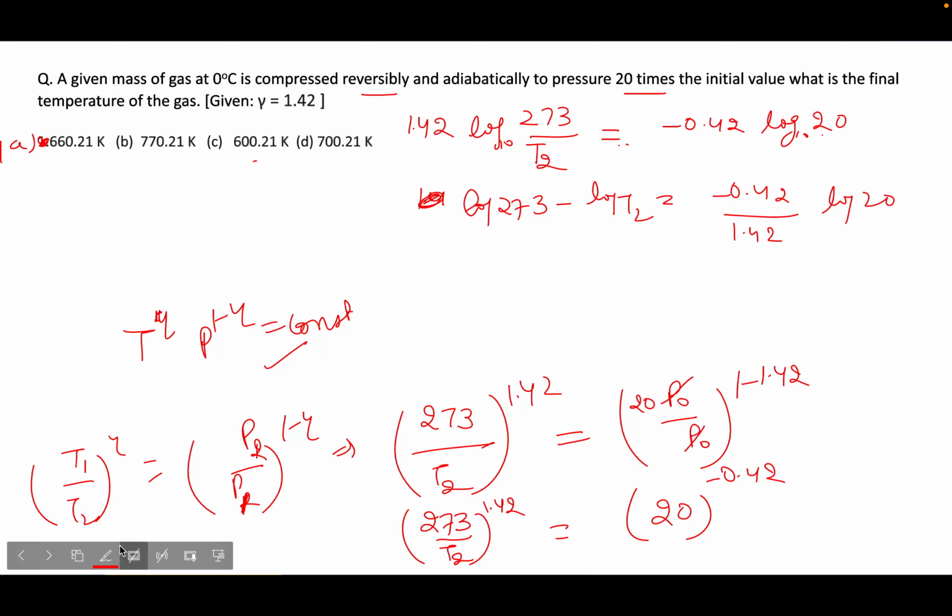Let me eliminate it on one side and then I'll calculate it in one go.